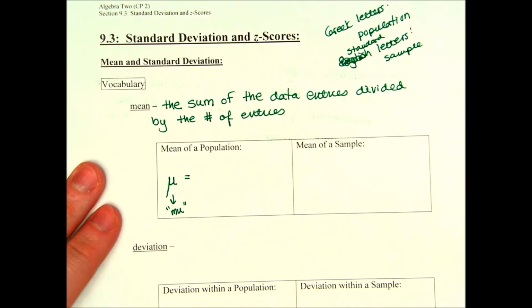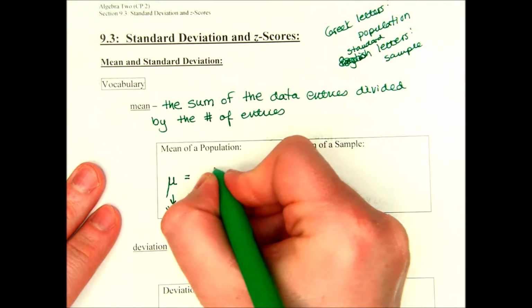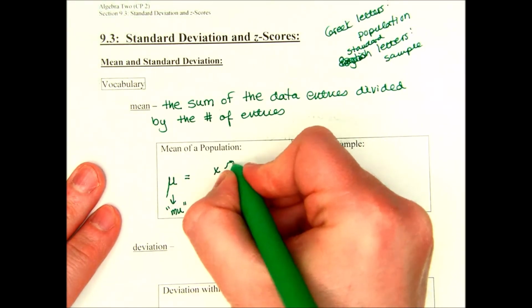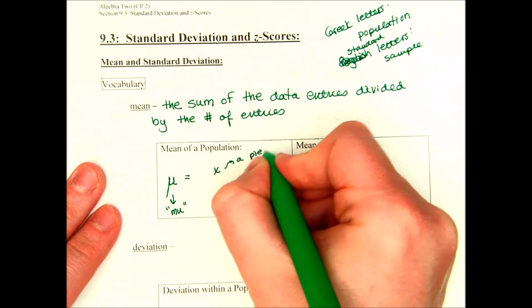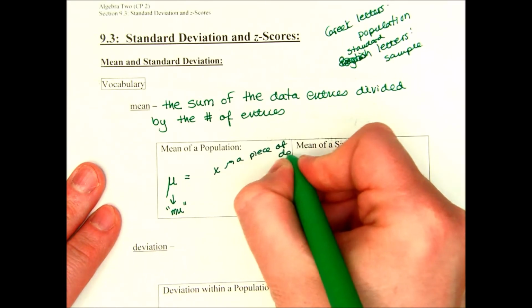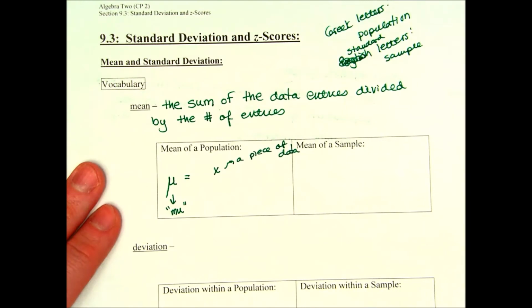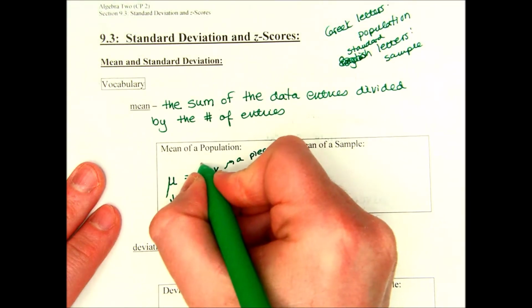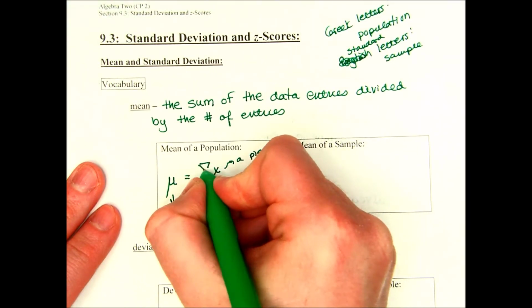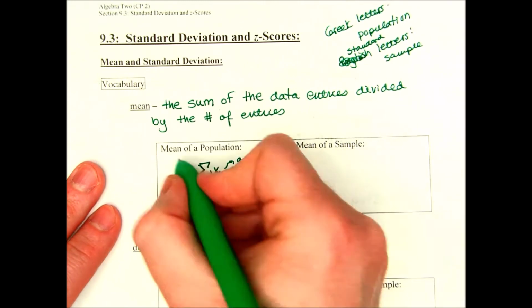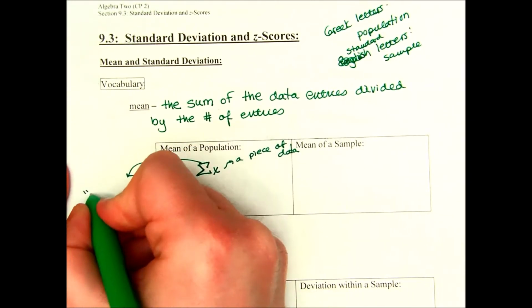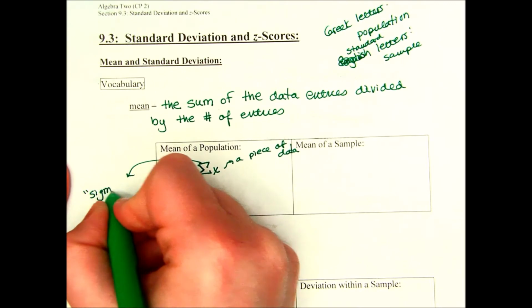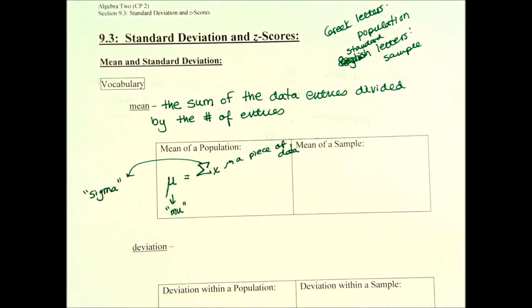I'm going to add up all my data entries. I'm going to say X is a piece of data. In front of the X, I'm going to write a fancy Greek letter, sigma. That symbol means add up all those things.